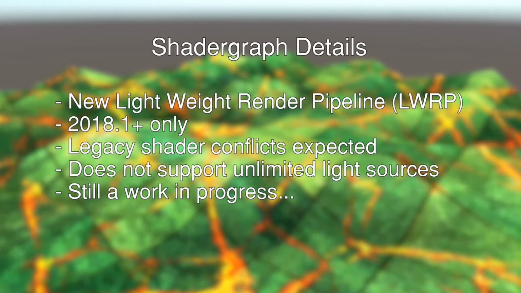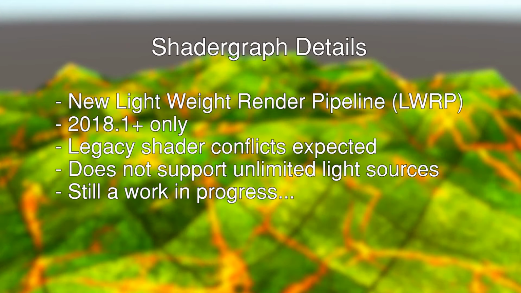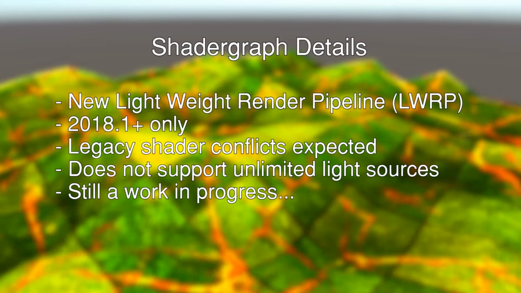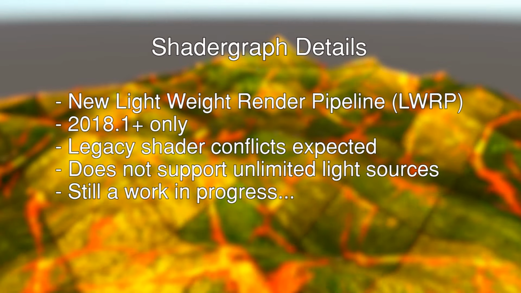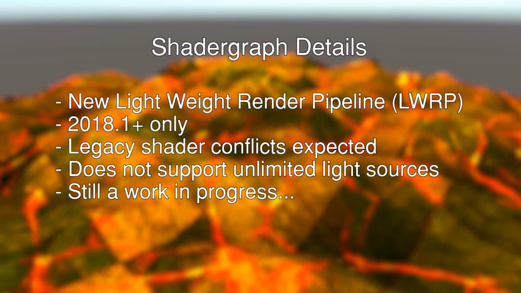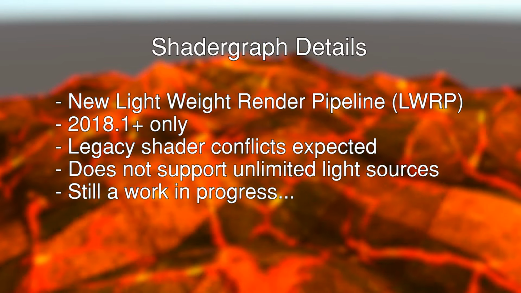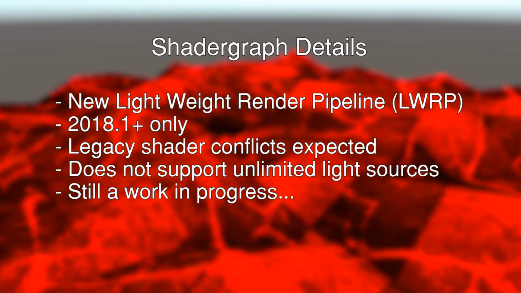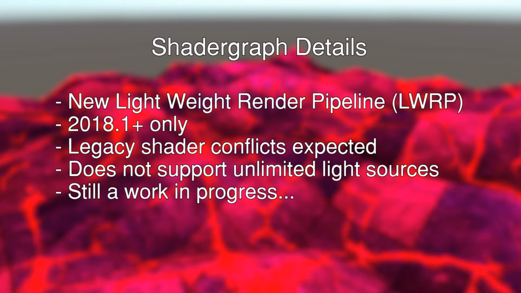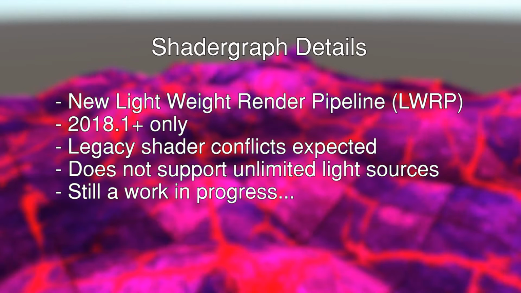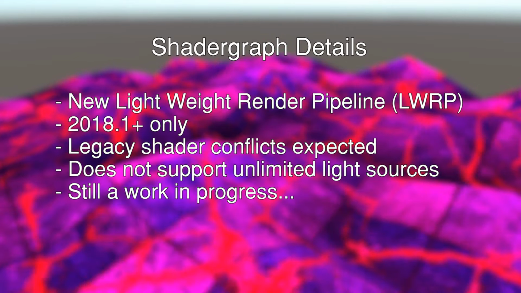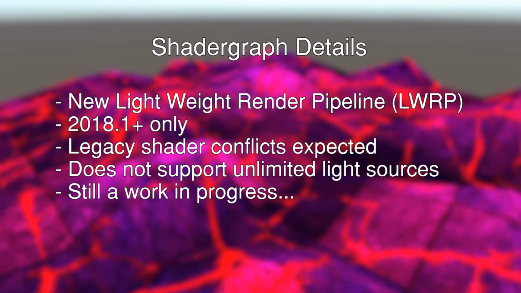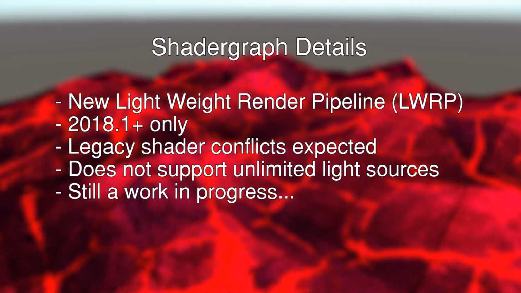Additionally, Shadergraph currently requires the use of a new pipeline called the Lightweight Render Pipeline, specific to Unity 2018.1 or higher. You are currently not able to swap between rendering pipelines and shaders without expecting some kind of conflict, particularly regarding light sources. The standard Unity pipeline actually allows unlimited lights and multiple shader passes, which the LRP currently does not.